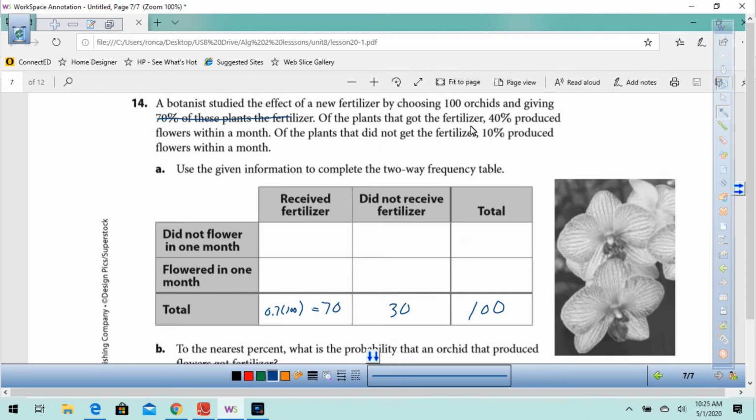Of the plants that got the fertilizer, 40% produced flowers within a month. So that is 0.4 times 70. What do we got?